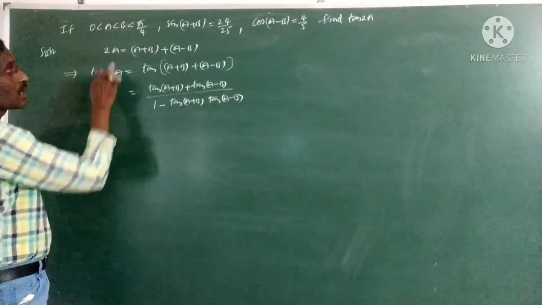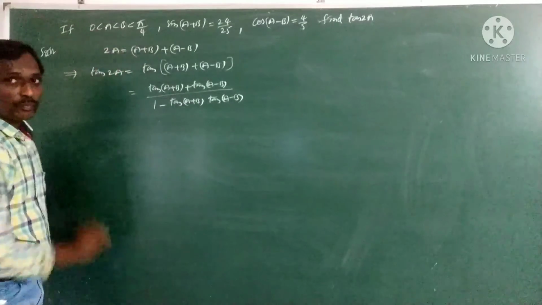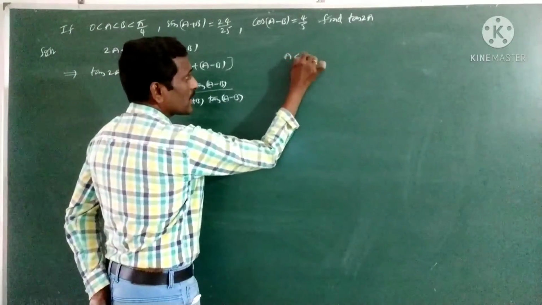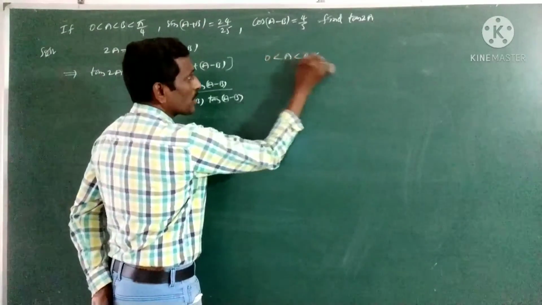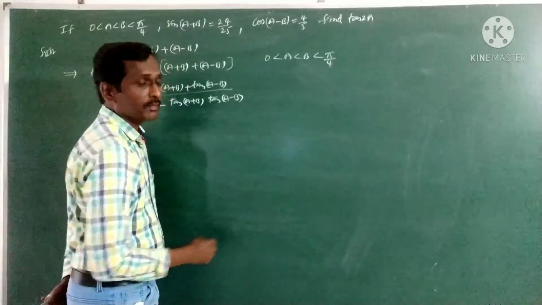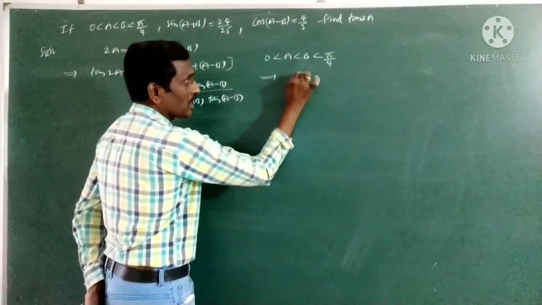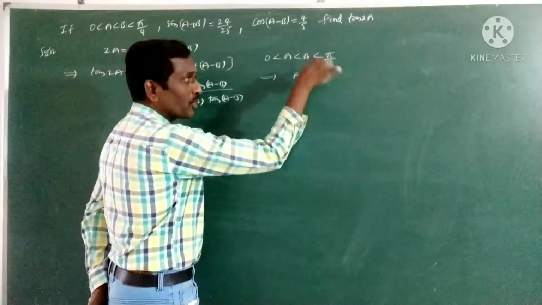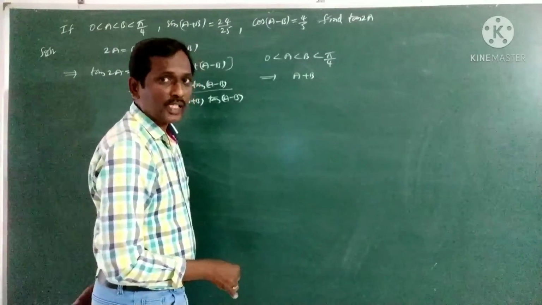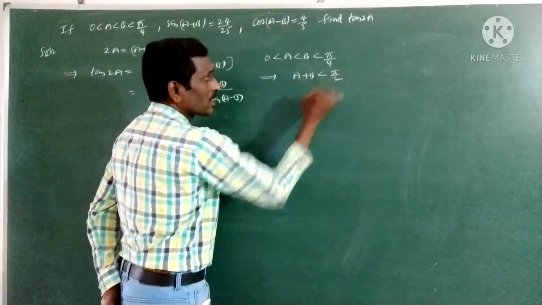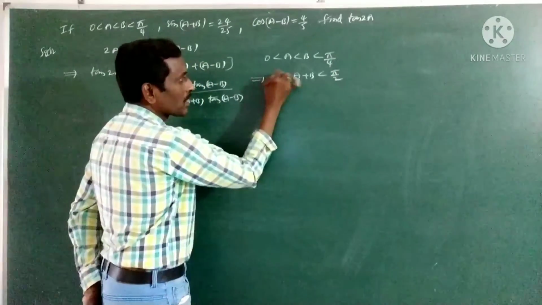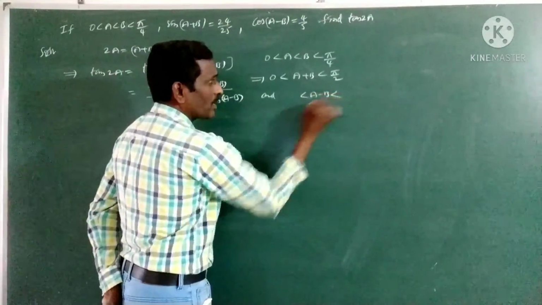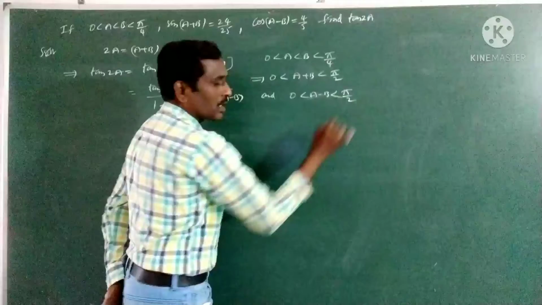Here they have given that a is less than b and both values lie below π/4. So if I add a and b, what is the maximum you will get? π/4 plus π/4 is π/2, that is 90°, so it is less than 90°, and the minimum value is 0. So the angle lies in the first quadrant only.